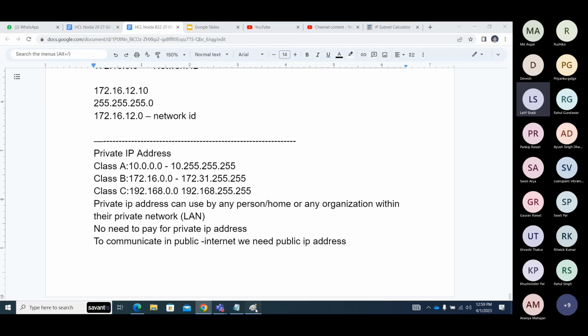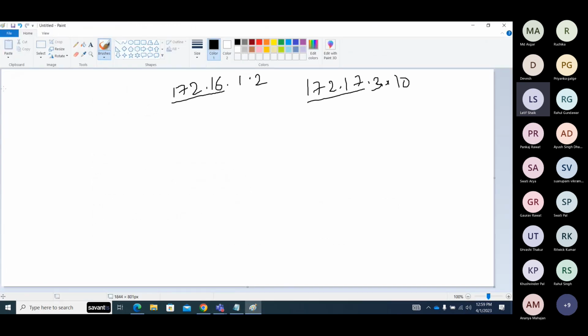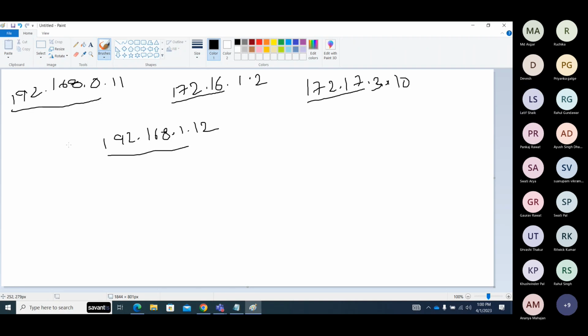Of course, Class C, with different network versions. 192.168.0.11 and 192.168.1.12: both are Class C, both are private IP addresses, but both are not in the same network because there is a change in the network version.